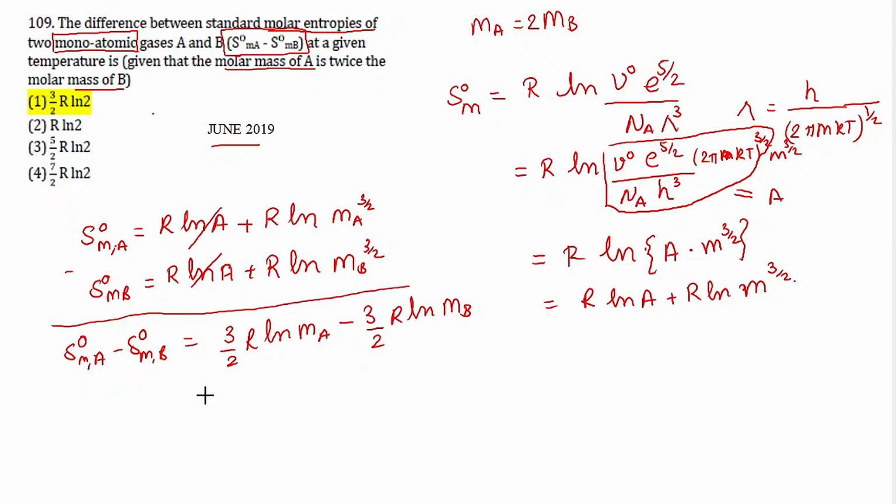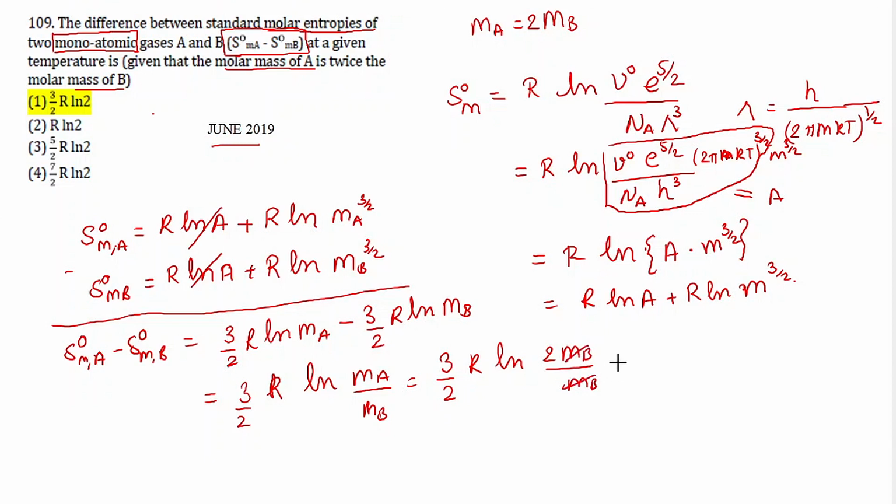We can take 3 by 2 R out, R ln mA upon mB, and we know that mA is 2 times mB, so we will have 3 by 2 R ln 2mB upon mB.